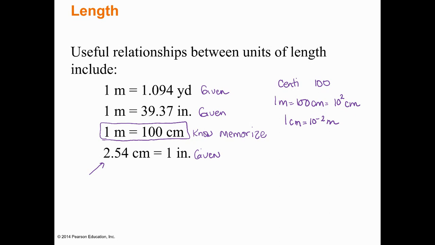So 1 centimeter is a fraction of the larger meter. Which way do I recommend? I recommend learning that 100 centimeters are in a meter. Why can this be confusing though? If you look up the word centi in your book, it's going to show it with 10 to the negative 2 as its relationship. So I think that throws students off. What I want you to do is just memorize this one and understand that 1 meter has a whole bunch of centimeters in it, 100 of them.